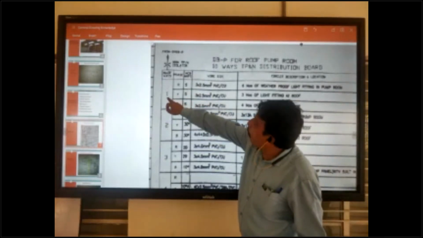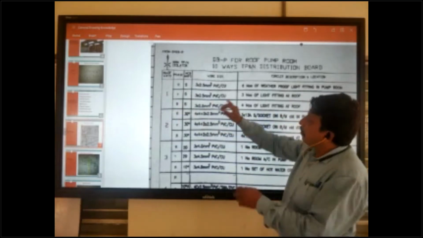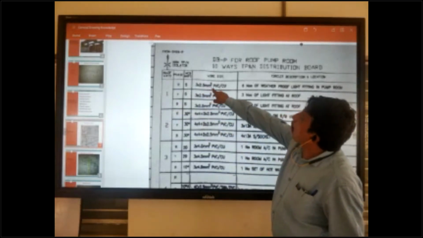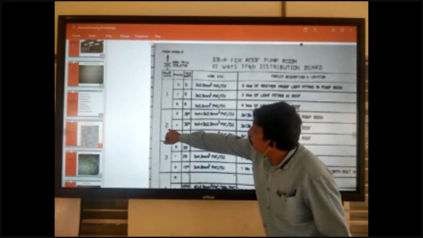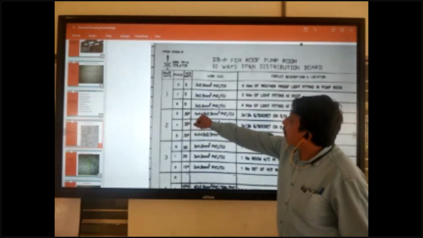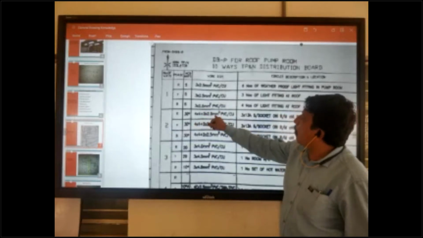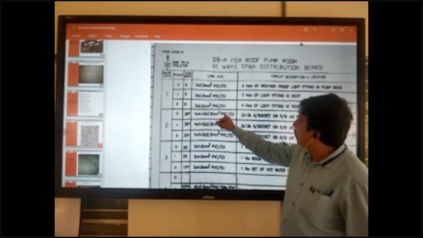For the first way, it is written 3 into 2.5 mm square PVC CU. For number 2, it is written 4 into 4 plus 2 into 2.5 mm square PVC CU.